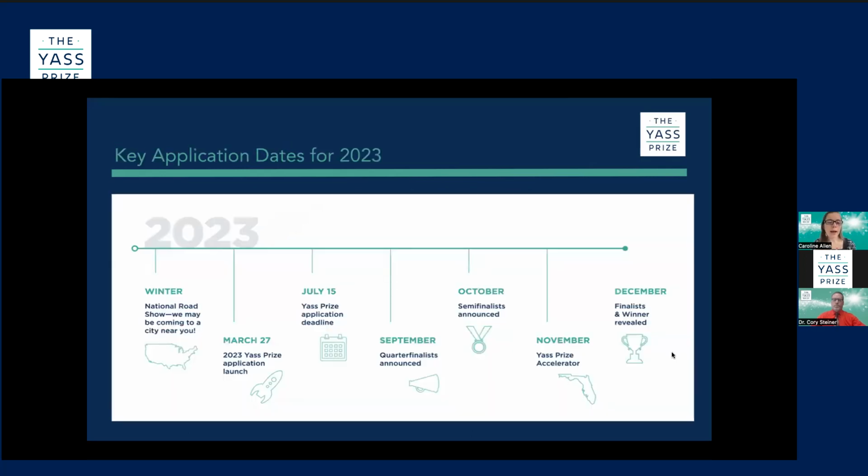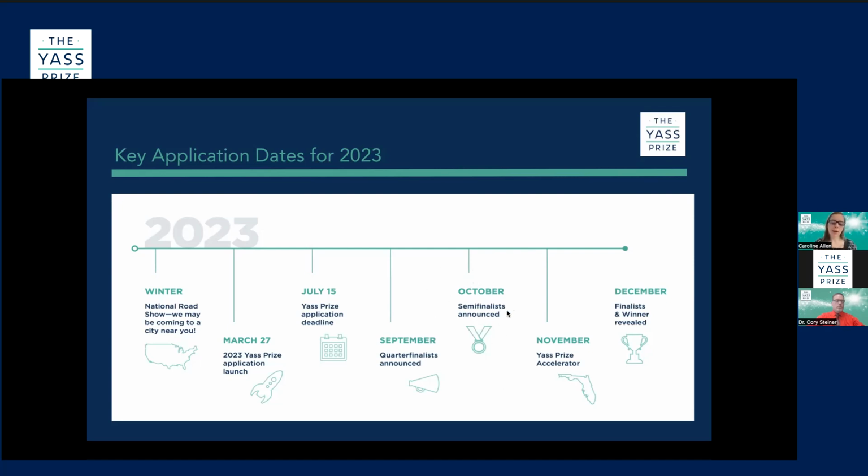A few quick housekeeping items before we get to our wonderful alumni. These are our key application dates for 2023. Right now, we're between these 2 dates with our YAS Prize application deadline coming up July 15th. We will then announce our 64 quarterfinalists in September, which we're really excited about. Then we will break the group in half. All quarterfinalists, all 64, will be invited to Cleveland for our YAS Prize Summit.